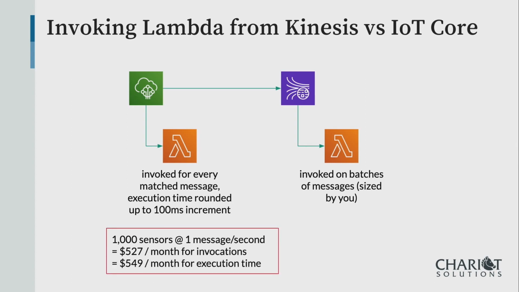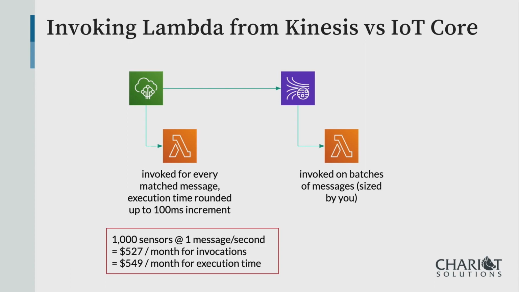At our messages per second, you're looking at about $1,100 a month to run Lambda directly off of IoT Core. Again, you can cut that significantly down to $20 a month, if I do my math, 200, 20 I guess, if you do it per minute instead of per second.